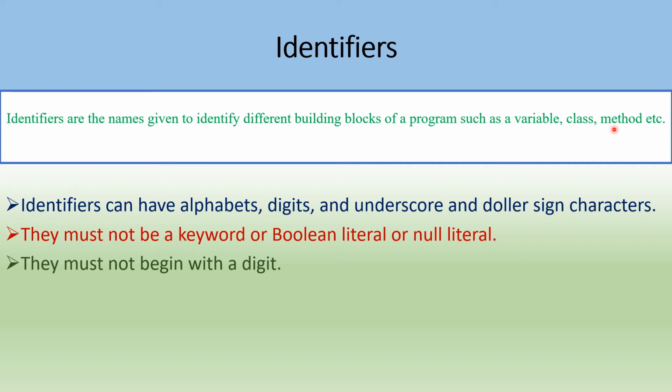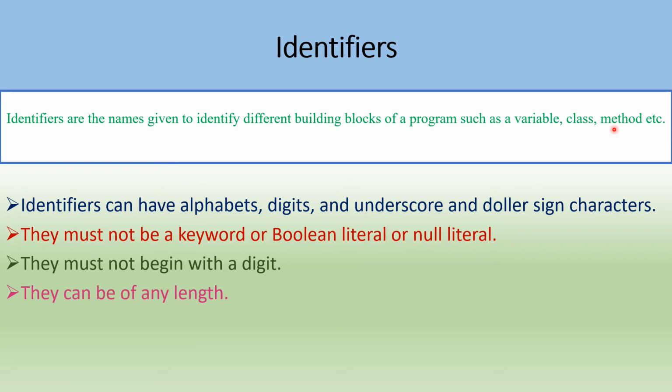For example, if I want to select some class name for my program, I can write the name as P1, where P is an alphabet and 1 is a digit. It will work properly, but if I write 1P, it is going to give an error because the rule is clearly given that the name of the identifier should not begin with a digit.